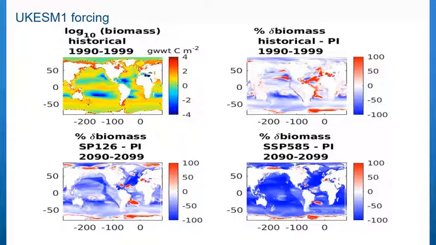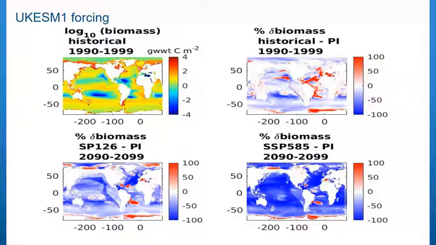But then we have comparisons to various other runs. So in the top right, this is now the historical versus the pre-industrial control. And so you can see that though there are some regions where the biomass has increased a little, the overall trend is that it's blue, showing that there's been a decrease in the biomass in the historical versus the pre-industrial.